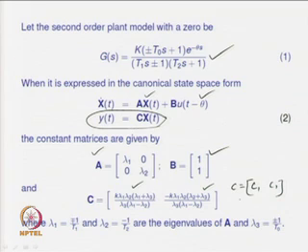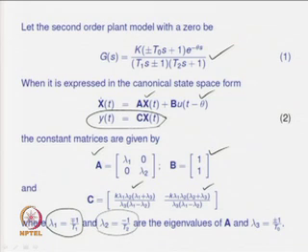What I mean to say is, I have got C expressed in the form of C 1 and C 2, where different values for lambda 1, lambda 2 are chosen as lambda 1 is equal to minus 1 upon T 1, lambda 2 is equal to minus 1 upon T 2, and the eigenvalues of A are nothing but lambda 1 and lambda 2, and the zero is expressed by the term lambda 3 is equal to minus 1 upon T 3.